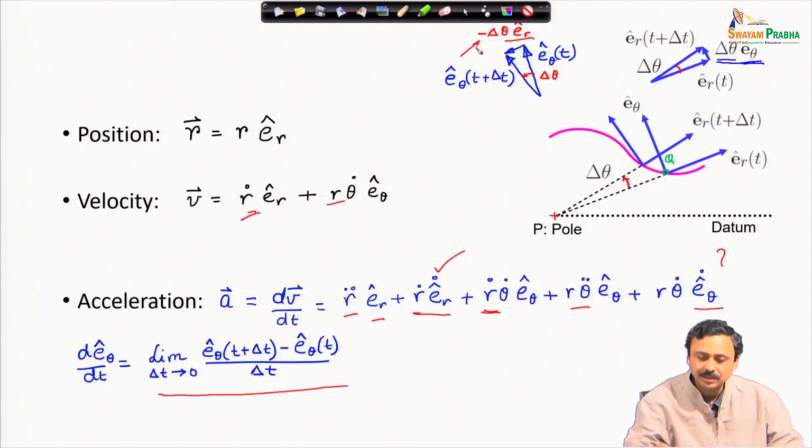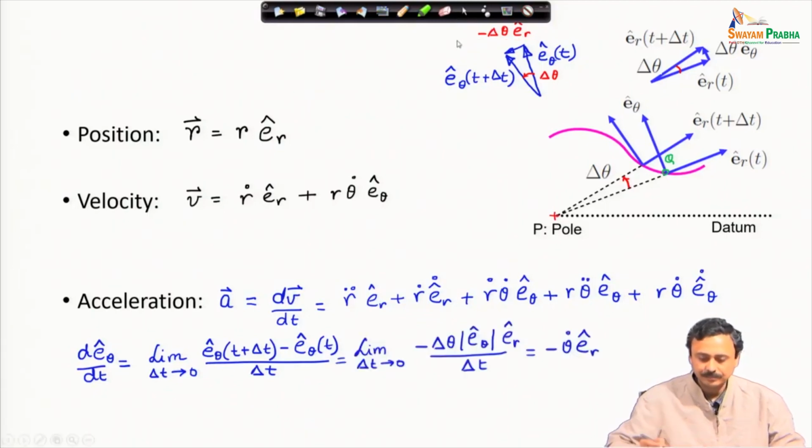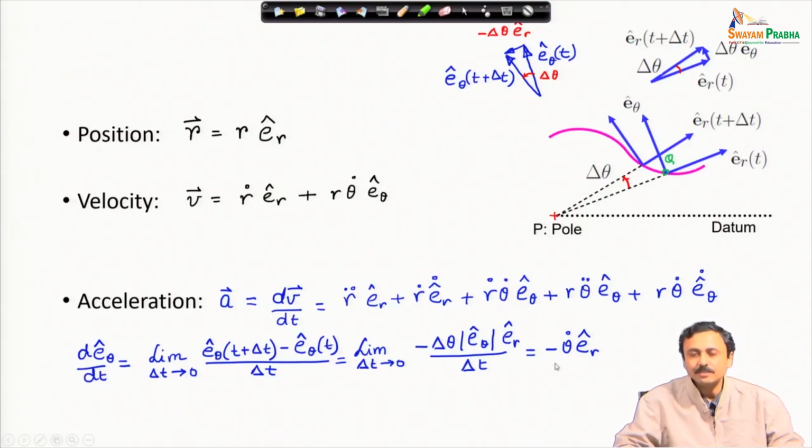This minus sign here comes because it is directed towards negative Er cap direction. Therefore, I have finally my time derivative of E theta cap as minus theta dot Er. So, remember why this minus came, because the change of the frame vector E theta was in the direction of minus Er cap.